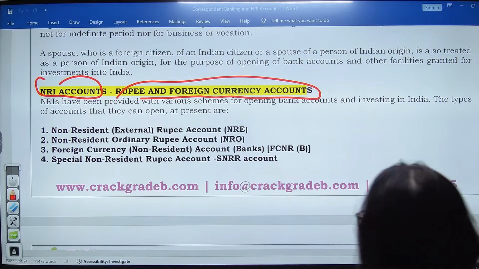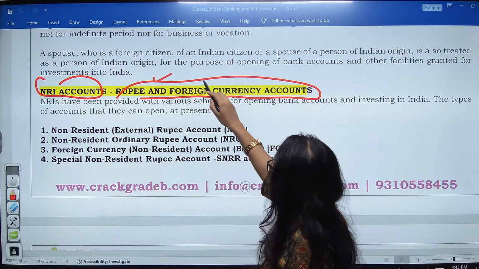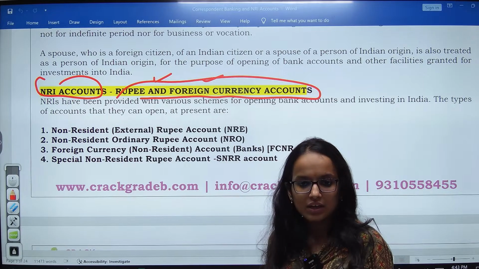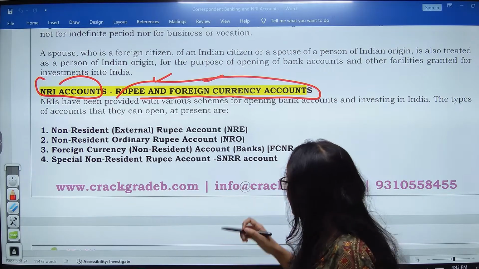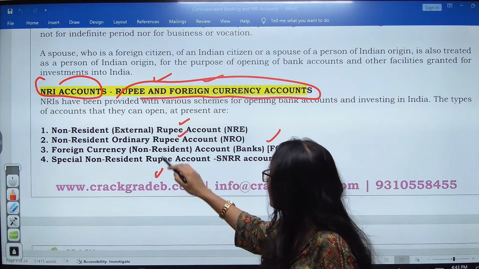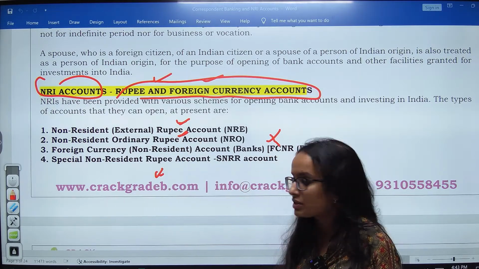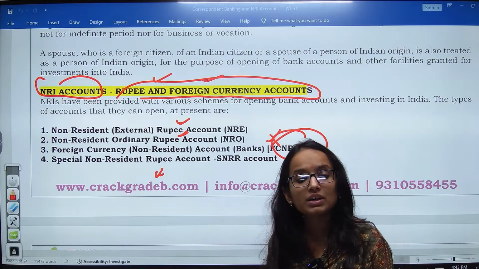So NRI accounts, basically in NRI accounts you have rupee as well as foreign currency accounts. When we classify NRI accounts, as you can see, these three are your rupee based accounts, and this FCNR is your foreign currency account.